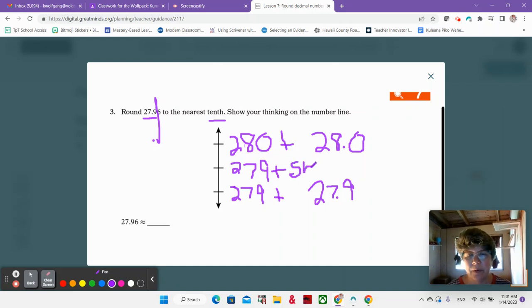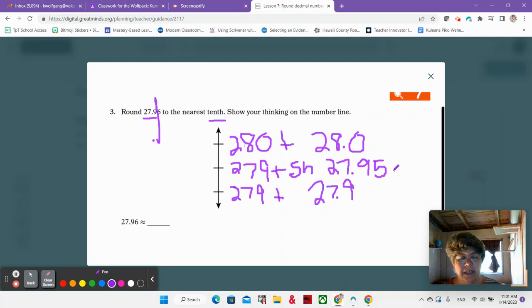We always go 5 more in the middle here, and that's the same as 27 and 9/10. We still have our 9/10, and now we have 5 hundredths. Okay, so 95 hundredths.